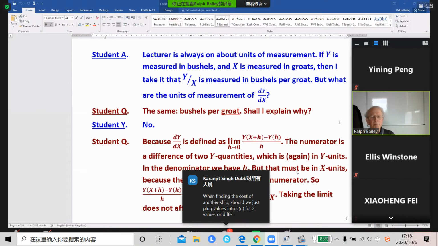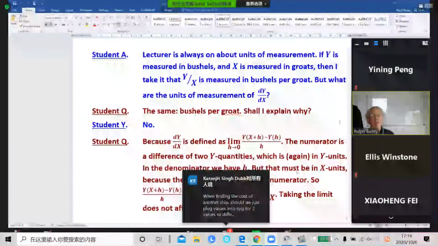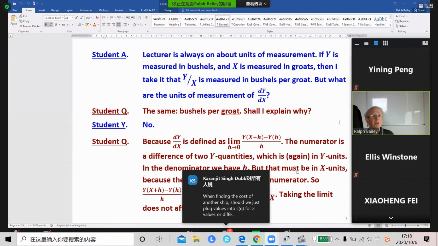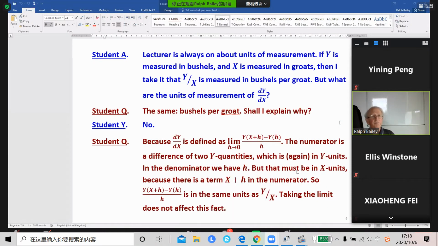But if I'm going to put it a little bit more simply, I would say that dy by dx, of course, measures slope. And how would you measure a slope in general? It's the amount of y you get for a certain amount of x. The amount of y you get is measured in y units.